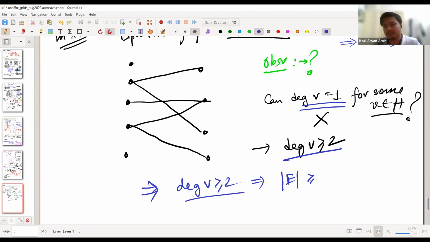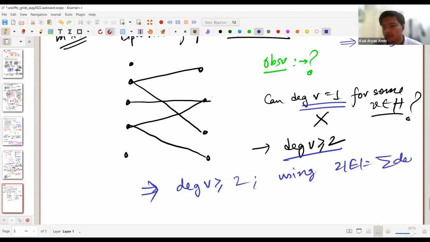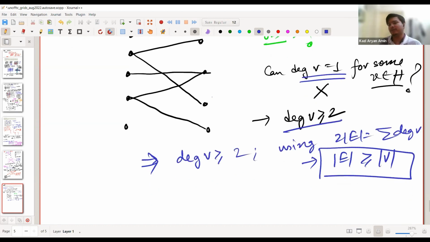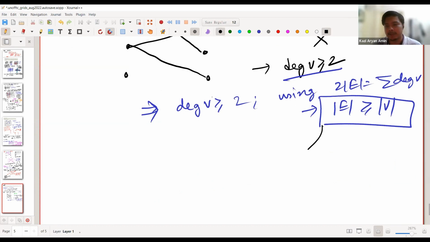So this basically means that, using 2 times e equals to summation degree v, you basically get e is at least v. So what happens when this condition holds? What does this imply? This is something you might have seen in your introductory graph theory lesson.